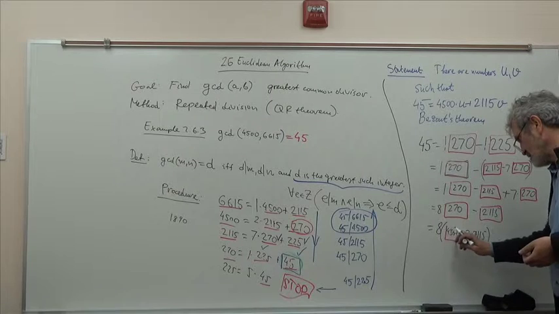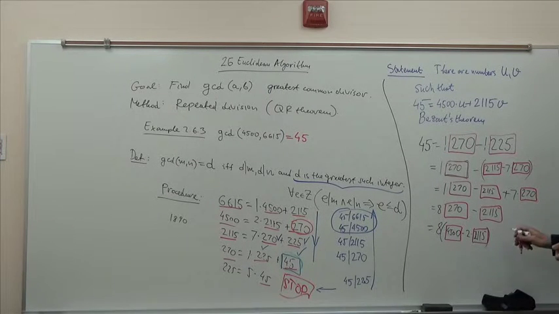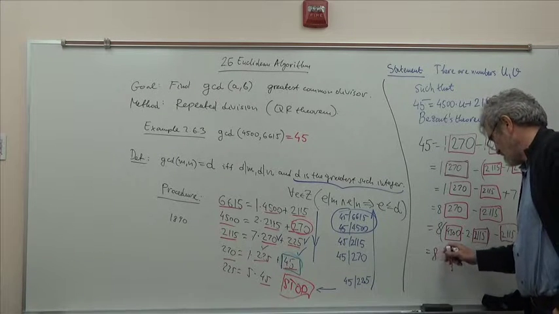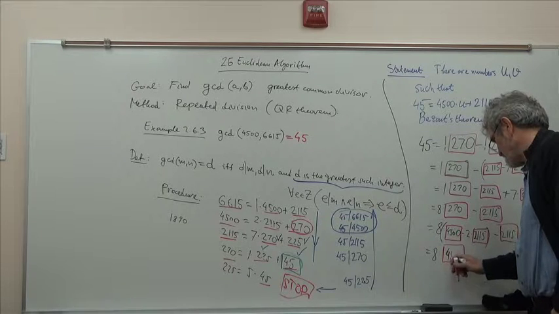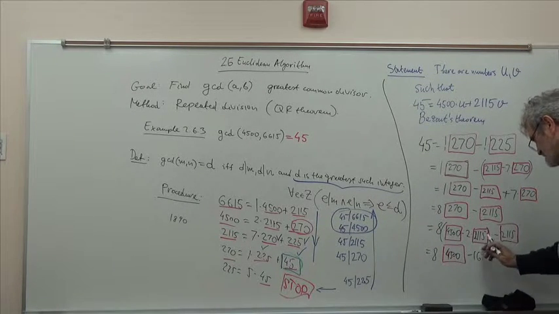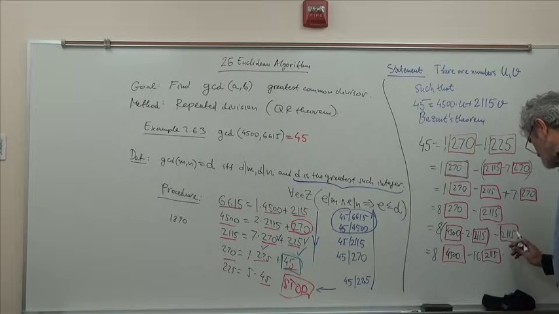Those are protected numbers, don't execute it, just outside coefficients could be multiplied. And minus 2115. Now I distribute, 8 boxes. Minus 16 smaller boxes. And minus 1 more smaller box.